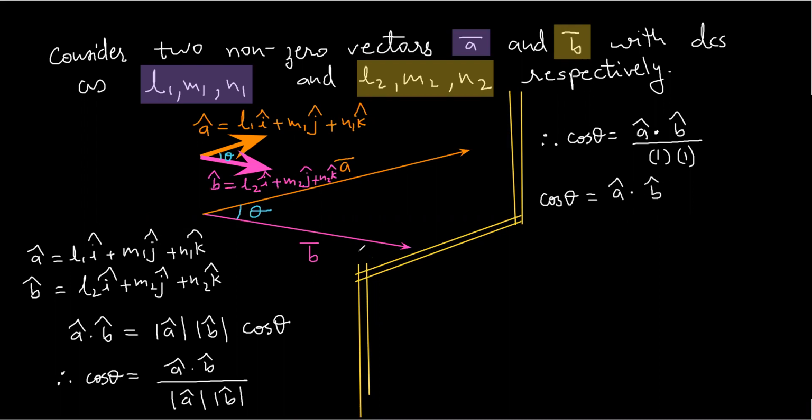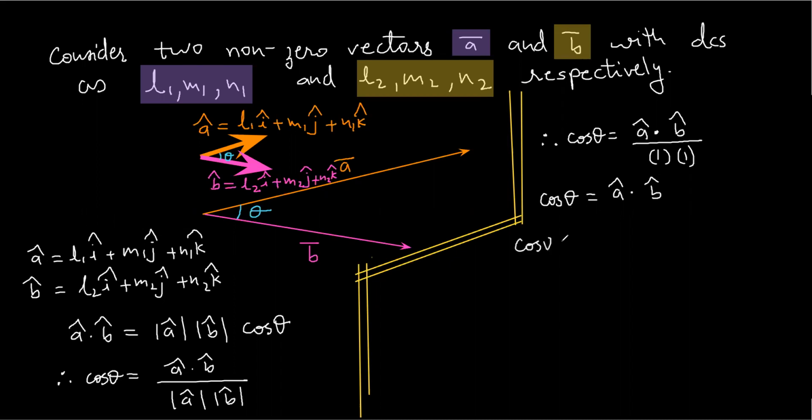Now you know what a cap and b cap are. They are already found. This is a cap here and b cap here. So what will be the dot product of a cap and b cap? It will only be the sum of products of corresponding coefficients of i cap, j cap and k cap. That is, a cap dot b cap will be L1 L2 plus M1 M2 plus N1 N2.